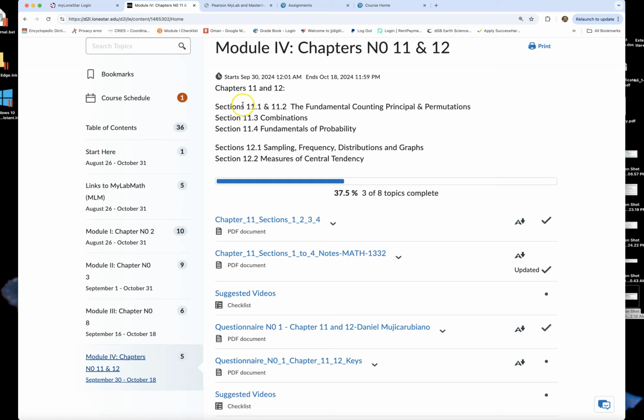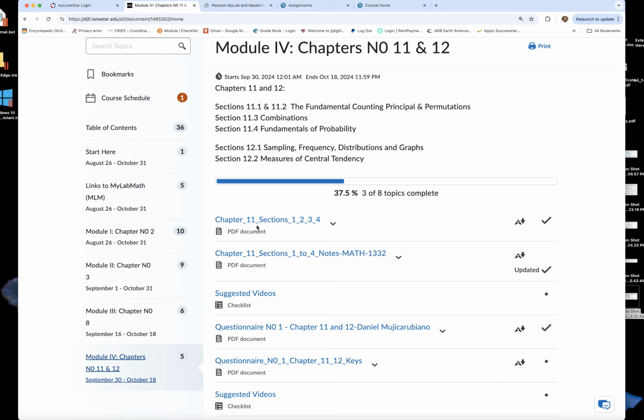All the material that has to do with chapter 11, which is basically counting and probability. You have the lectures for the whole 4 sections that we need to cover this week.